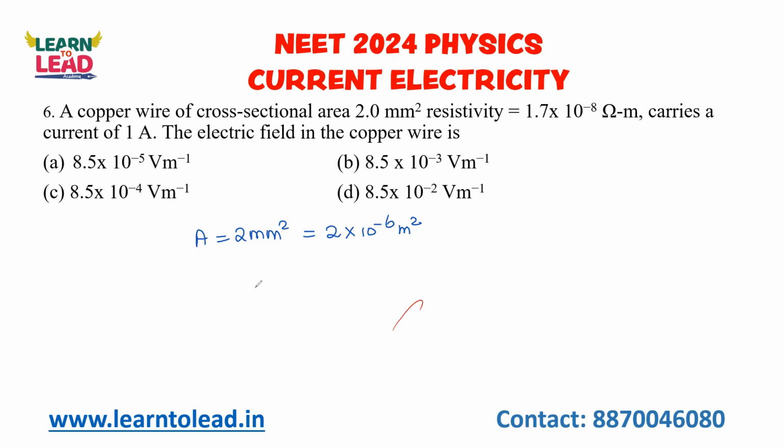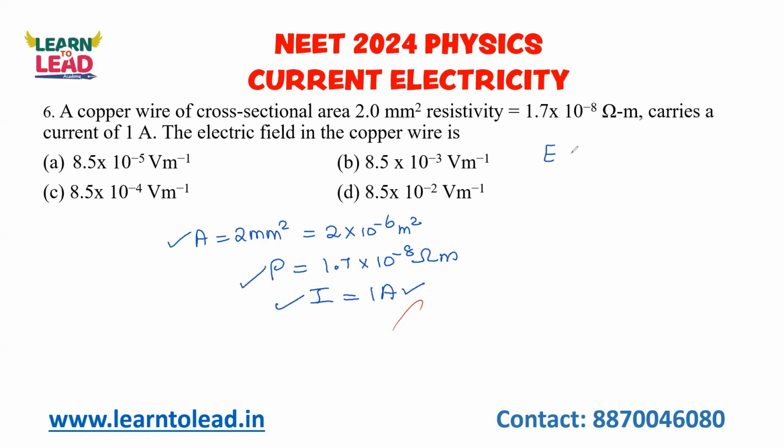And its resistivity is 1.7 into 10 to the power minus 8 ohm meter. It carries a current of 1 ampere. What is the electric field in the copper wire? They have given the details like area, resistivity and current. With this we need to find the electric field in the copper wire.